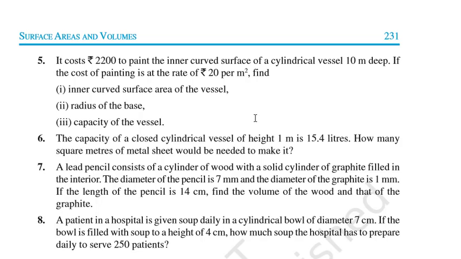It cost rupees 2200 to paint the inner curved surface of a cylindrical vessel 10 meter deep. If the cost of painting is at the rate of rupees 20 per meter square, find the inner curved surface area, radius of the base and capacity of the vessel. In most of the problems you will see that it is nothing but applying your multiplication and division concepts.